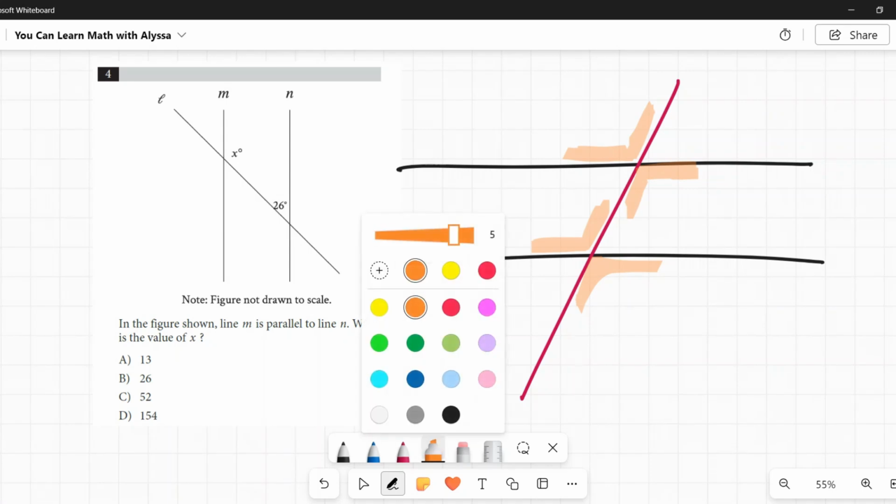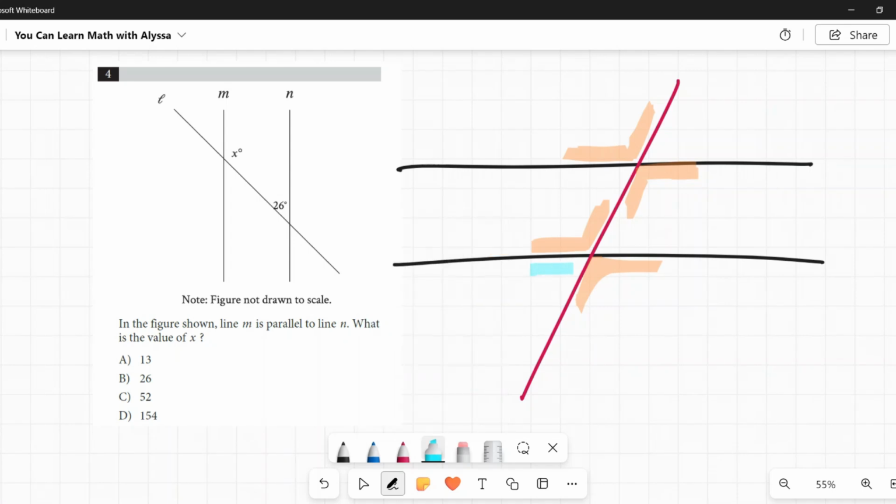All those that I just highlighted in orange, all those angles are the same. And all these angles that I'm highlighting in blue are the same. That's the whole thing. Now, if you go into your geometry textbook, there are going to be a ton of different ways of describing these relationships. They might say things like, alternating interior angles are congruent.